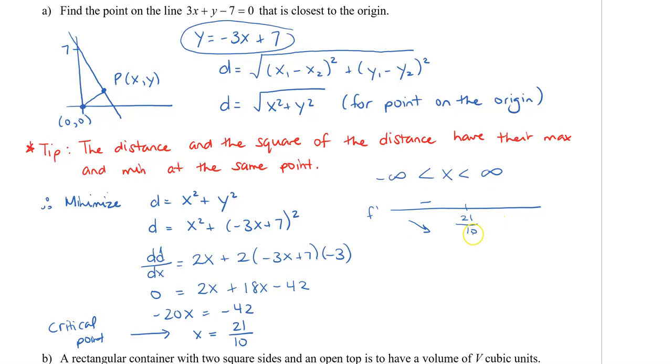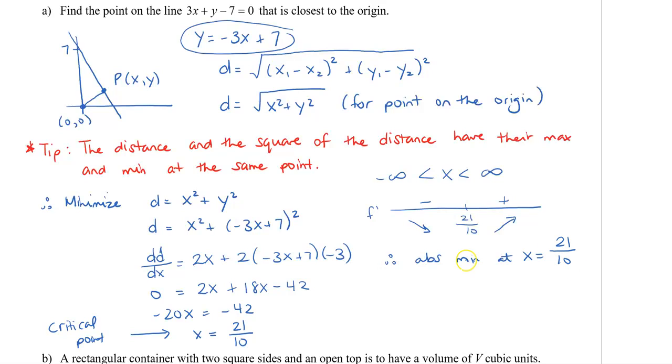If I check to the right, the derivative is positive, meaning it is increasing. So indeed, at this critical point, it is a minimum. So therefore, the absolute min is at x equal to 21 divided by 10.